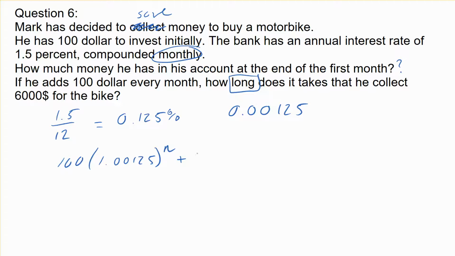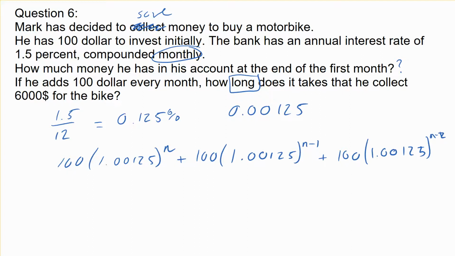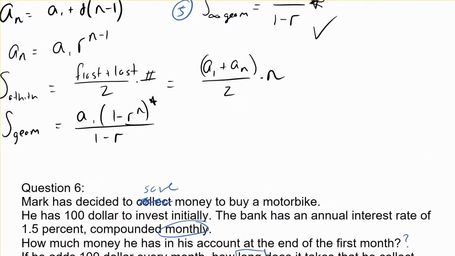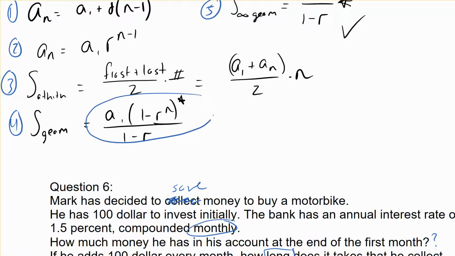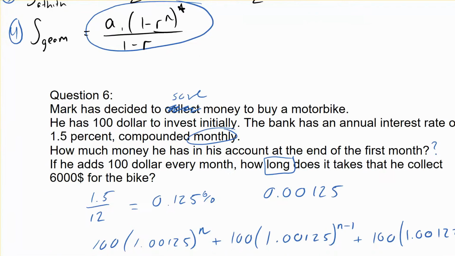Then every month after that is going to get one less than the month before it. And if we recognize this work, it's just a geometric series. So then we go up and we grab our geometric series formula and we plug it in.